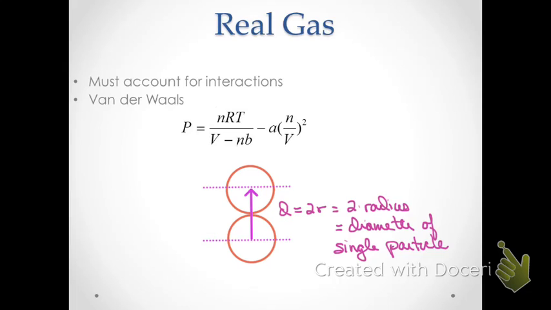And we are at this point assuming that all the particles are the same. So again, we have the situation where the distance separating the centers when the two particles are in contact is equal to the diameter of a single particle, d.